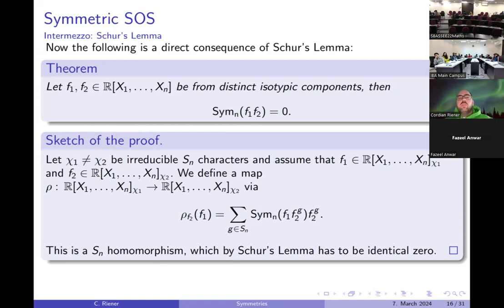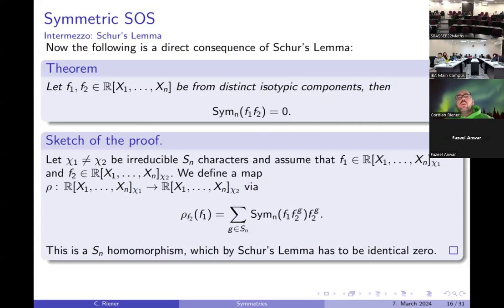And this is not hard to see. You have to cook up from this product a good G homomorphism to which you can then apply Schur's lemma. Remember, Schur's lemma told us that if I have two distinct irreducible components in a vector space, then there is no non-trivial G invariant homomorphism between the two of them.